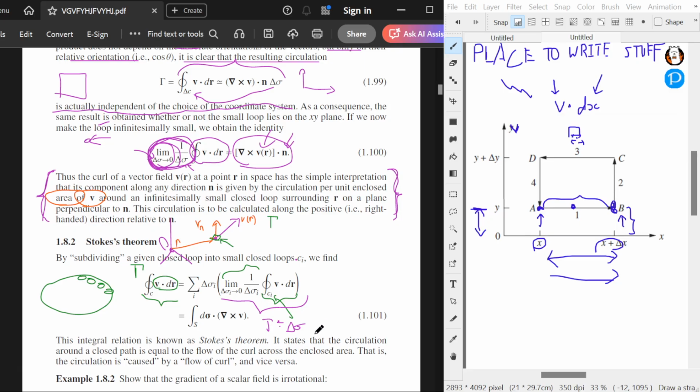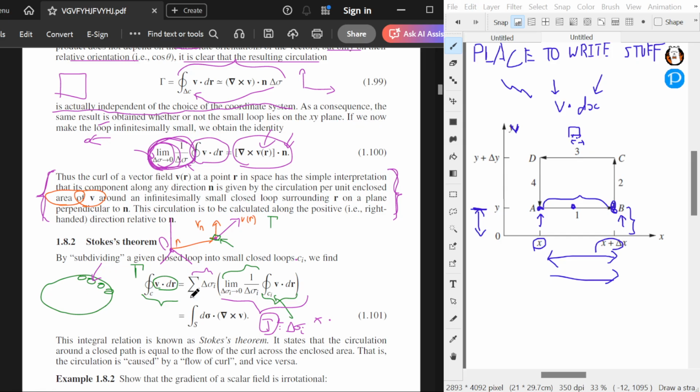I think it's sigma. Delta sigma i. But we also have delta sigma i here. So we get back circulation. This is just saying, if we add up all the circulations of the small loops, we get the circulation of the big loop.